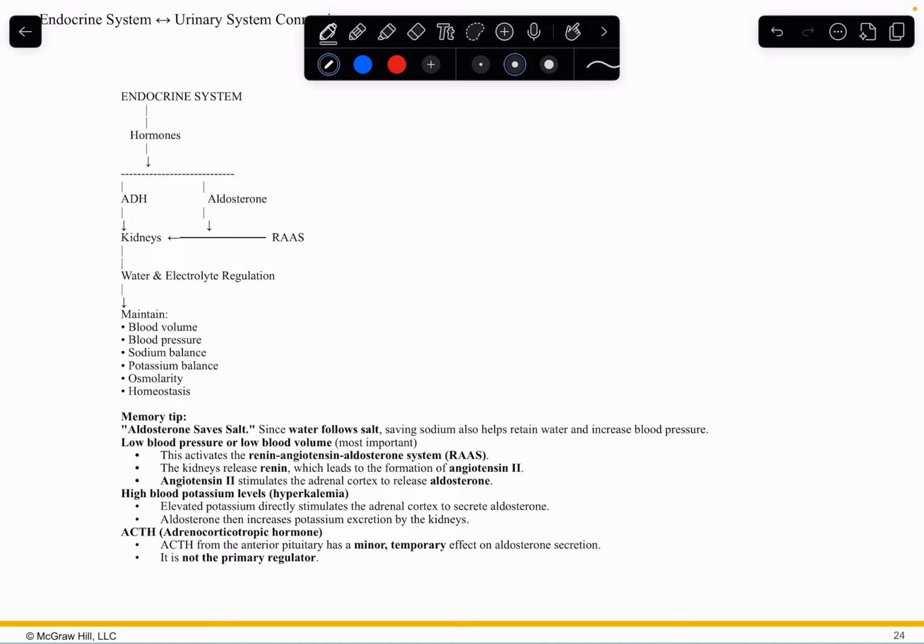So the main goal of this interaction is to maintain homeostasis, including normal blood volume and blood pressure, proper electrolyte concentration, stable osmotic balance, and also adequate hydration of the cells.